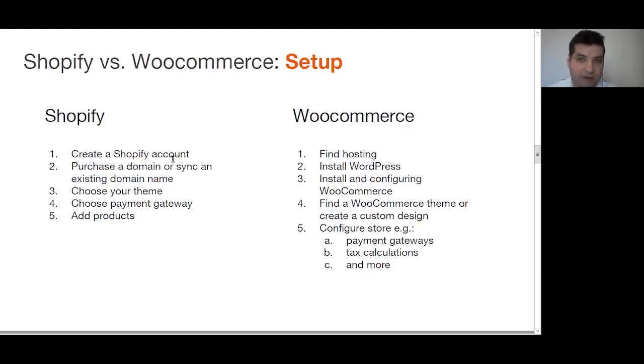You then have to find a theme, or, as you likely chose WooCommerce because you have something very custom, you have to create a custom theme and then implement it onto WooCommerce. And then there's all the steps that go into configuring your store, like a payment gateway, the tax calculations, order confirmations, all that type of stuff has to be set up.